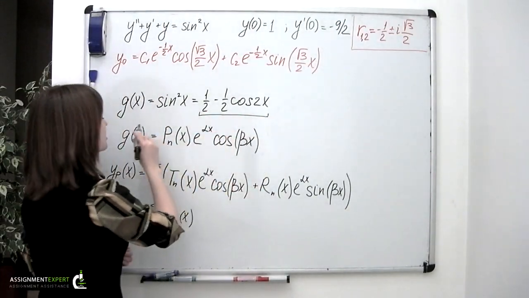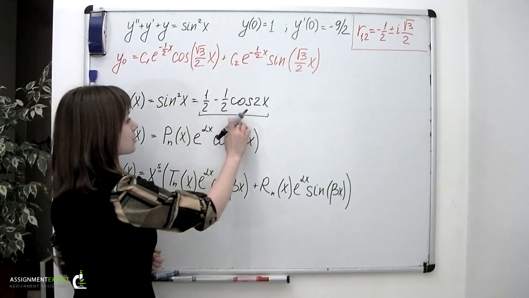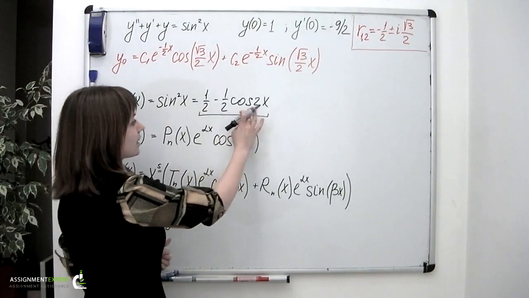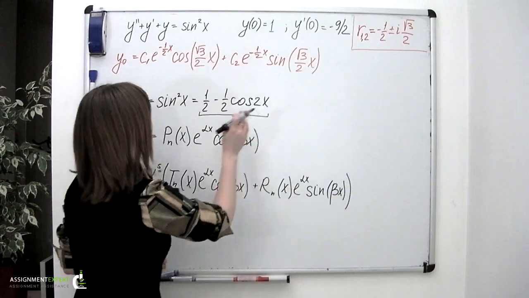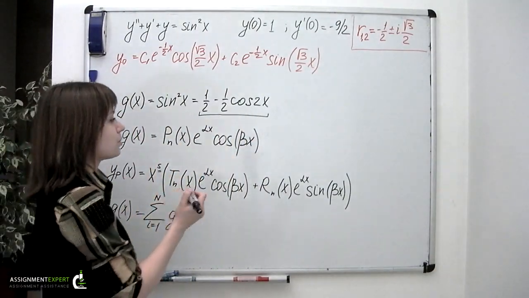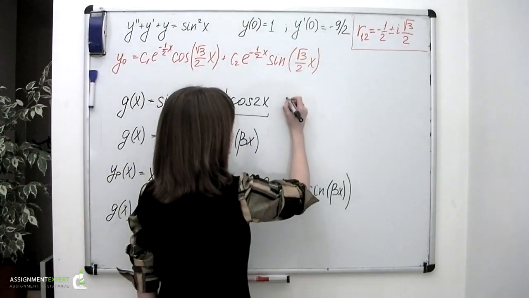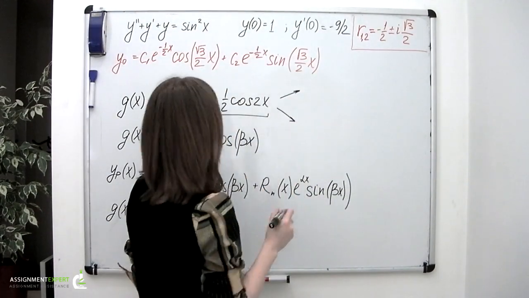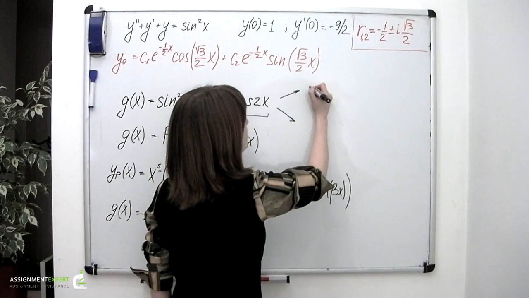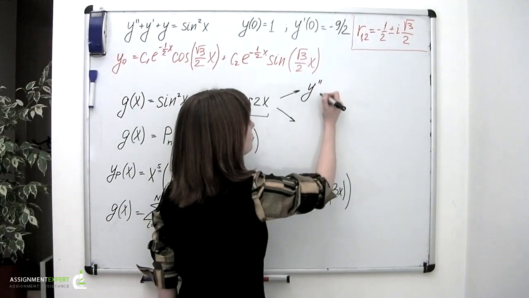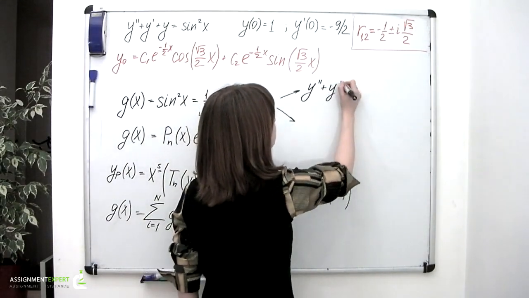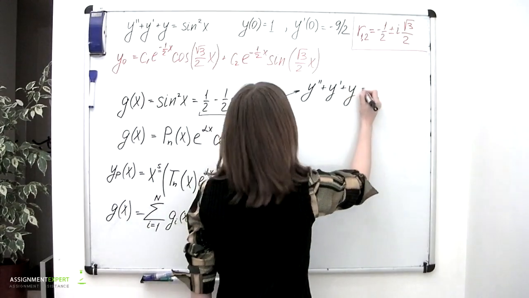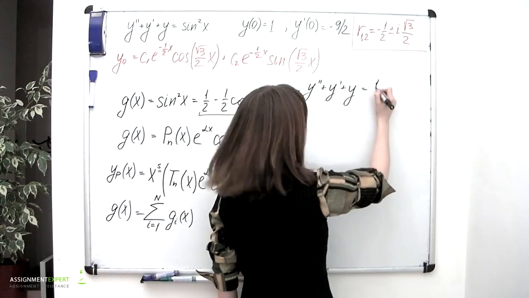So in our case right here, we have g of x equal to 1/2 minus 1/2 times cosine of 2x. So this means that we can actually split it into two equations. First of them being y double prime plus y prime plus y equal to 1/2.